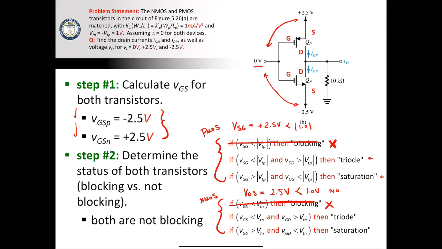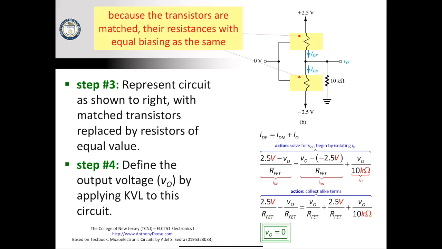Okay. So now, because the transistors are matched, their resistances are equal with the same biasing. This is a problem where there is a little bit of a shortcut. If the transistors weren't matched exactly, we'd have to do a little bit more work. Because they are matched and they're biased in the exact same way, 2.5 volts, they have threshold voltages with the same magnitude.